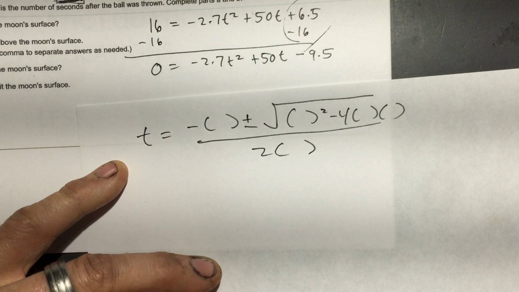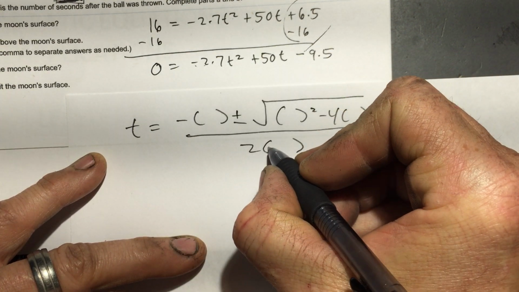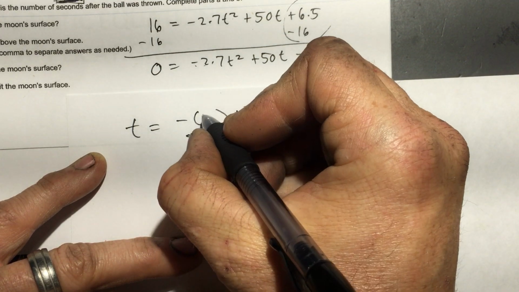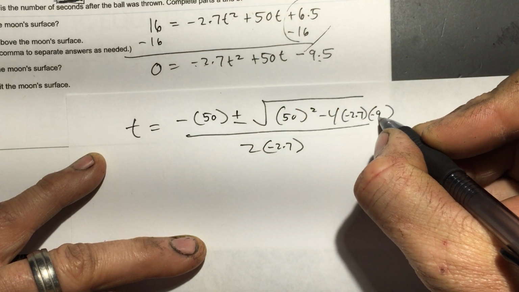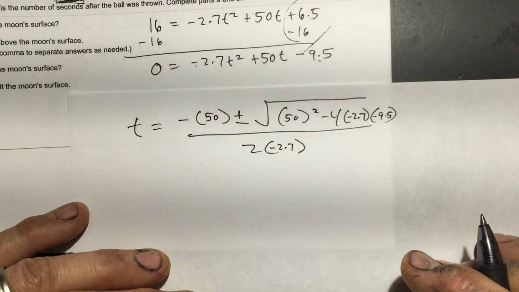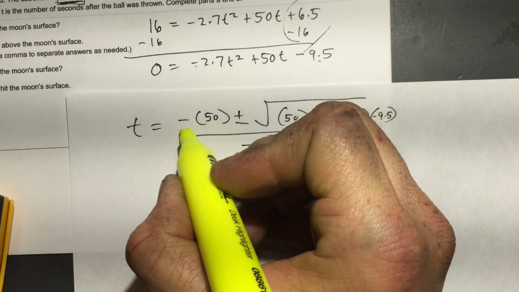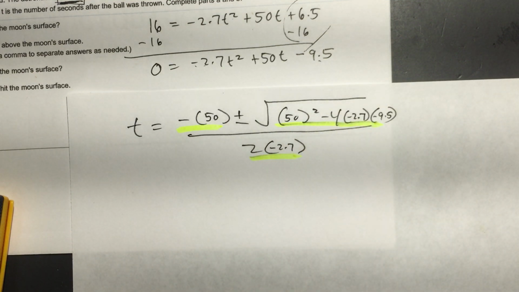But I believe you're going to have it down, that's for sure. All right, here's my a, negative 2.7. It goes here and here. My b is 50. It goes here and here. And c is negative 9.5. That's all the way at the end. Okay. And so when I put them in there, I've got those three things to do.